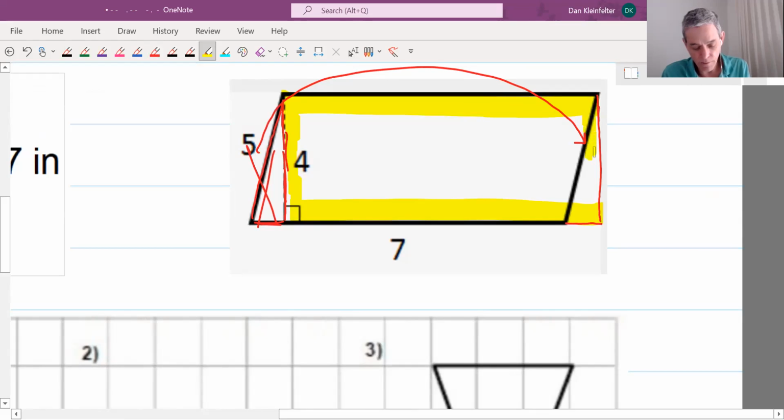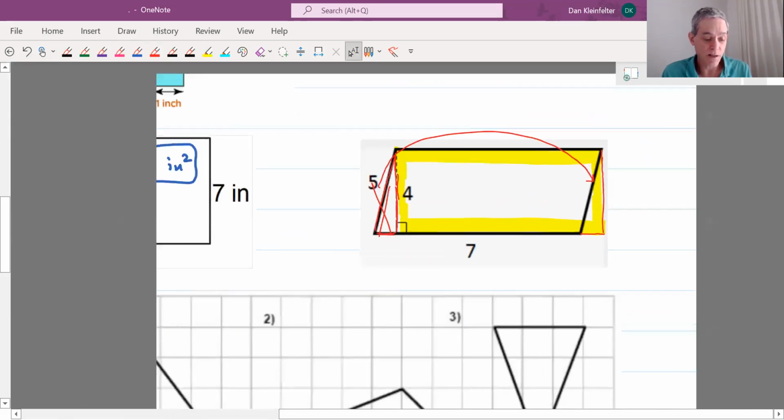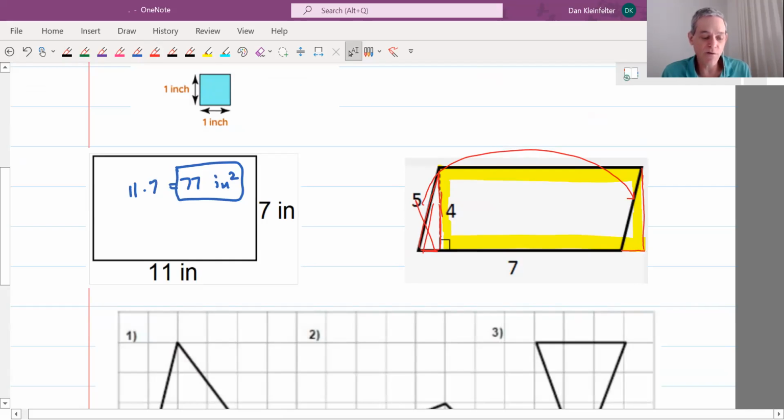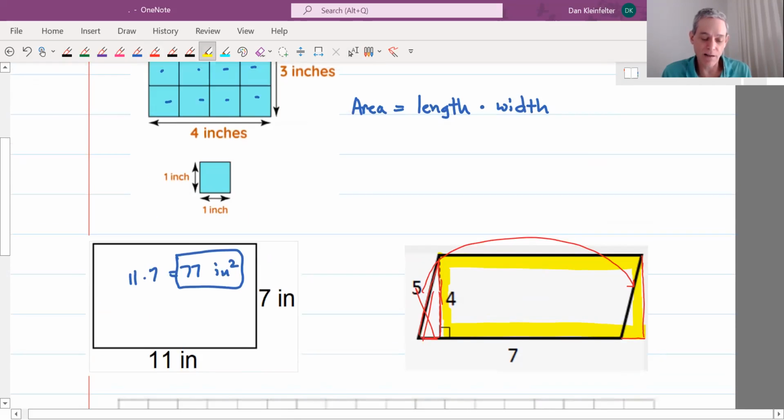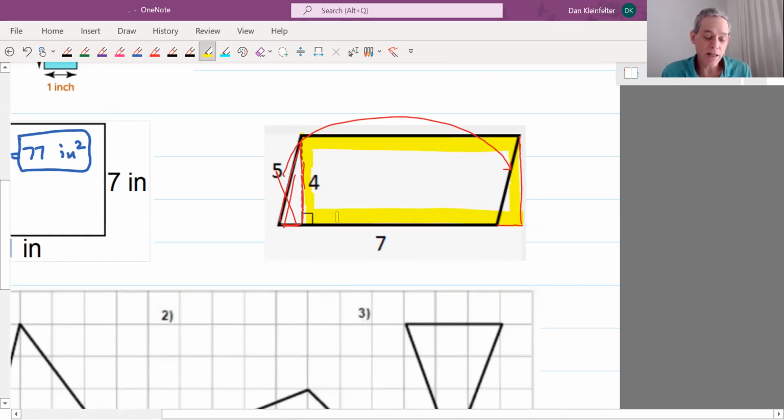shown here in yellow. And this rectangle has a width of 7 and a height of 4. And so following our discussion about the rectangle earlier, its area is going to be 4 times 7, or 28. I didn't give a unit, so we'll leave it off.